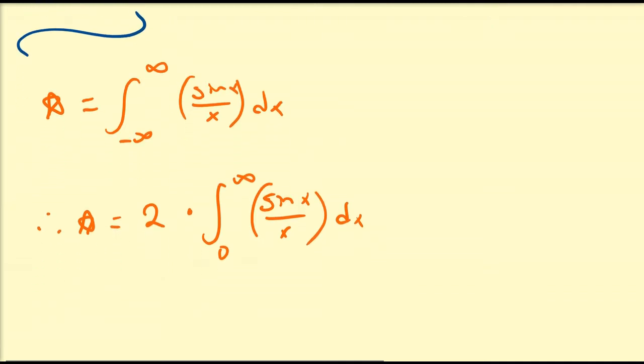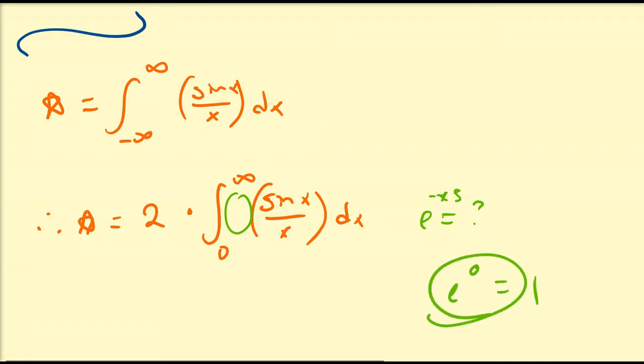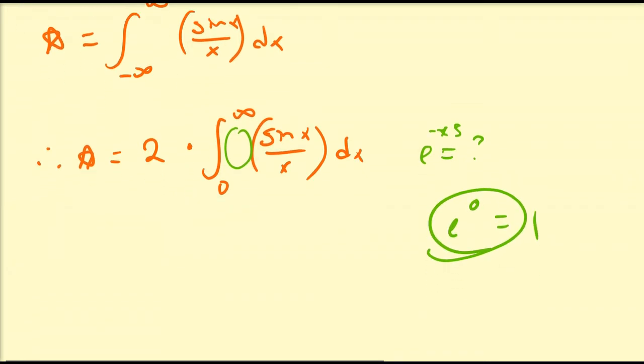Now another piece that we're missing is an exponential function here, right? So where is e? We're looking for an e to the minus x psi here. Well, notice that there actually is an e here because we know that e to the 0 is equal to 1, right? So what we can do is multiply this function by 1 and introduce this e to the 0 observation.